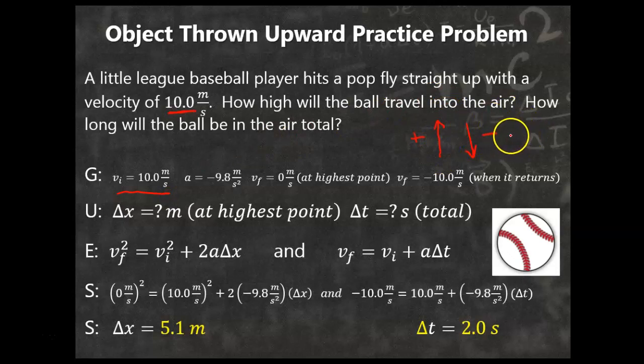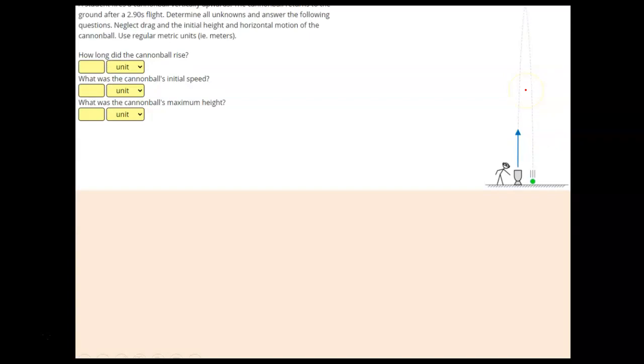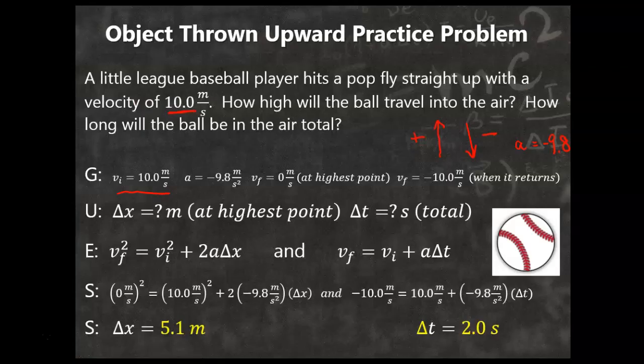And since acceleration is down, acceleration is going to be negative 9.8 meters per second squared. So velocity is upward, so it's positive 10 meters per second. Acceleration is acting downward, so it's negative 9.8 meters per second squared.